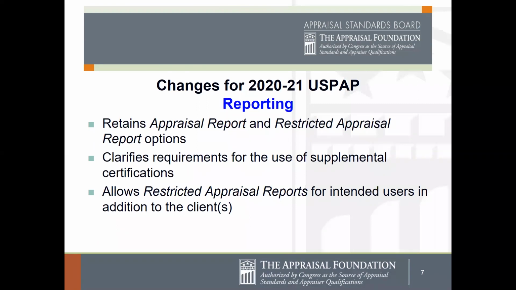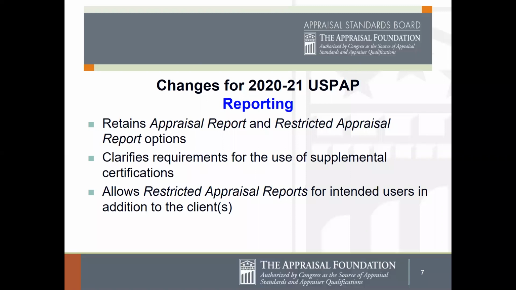During the exposure draft process of proposed changes for 2020 and 21, the ASB proposed a model that would have reduced the specificity without diminishing the USPAP reporting requirements by going to a single reporting option. The board received valuable feedback from stakeholders, including support for this idea, as well as two types of concerns, which quite frankly were at opposite ends of the spectrum.